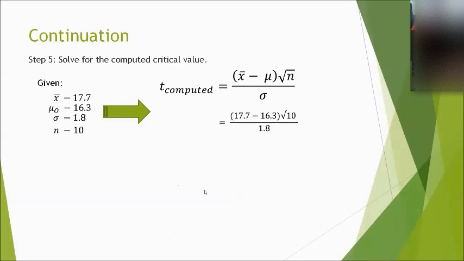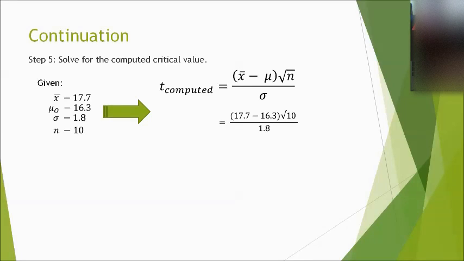Step 5, solve for the computed critical value. Okay? So sample mean, actually, it's given in the worded problem. It indicates that the sample mean is equal to 17.7. Population mean is equal to 16.3. And then the standard deviation is 1.8. And then the sample is 10.